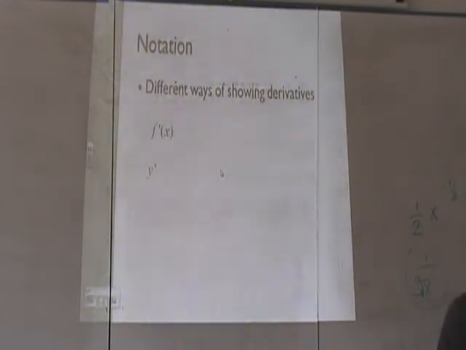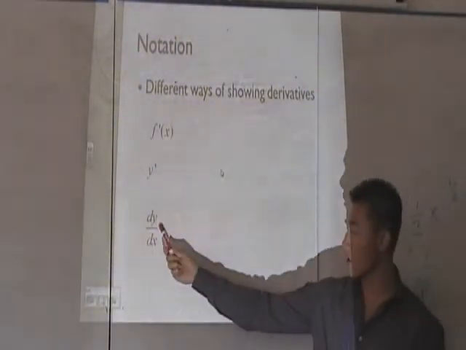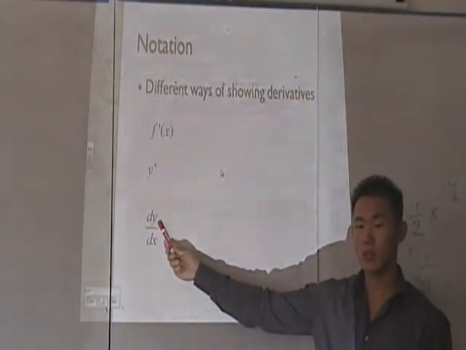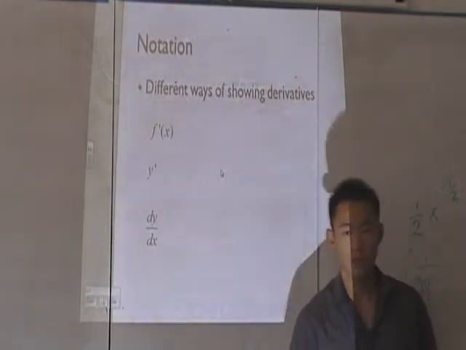F of x is the same thing as y, right? So sometimes we'll use y instead, and then we'll have y apostrophe. We call that y prime. Prime is just derivative. So we got f prime, y prime. We have dy dx, or dy over dx, but when we talk about this, we always just say dy dx. This just means the derivative of y with respect to x.